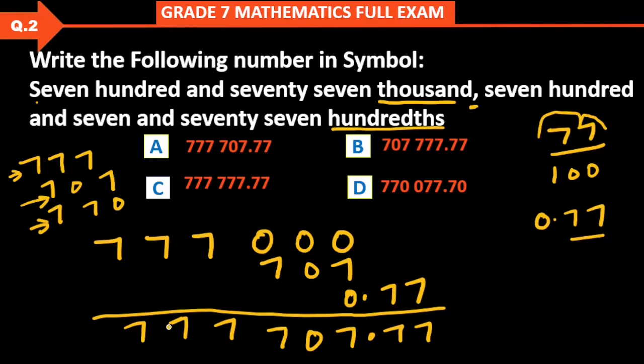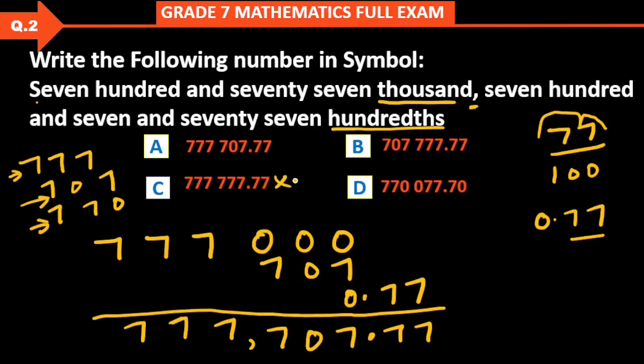So this is the final number that we get, that is 777,707.77. So we can separate this one into 3 numbers so that we can be able to visualize well. So we'll have 777 and then 707.